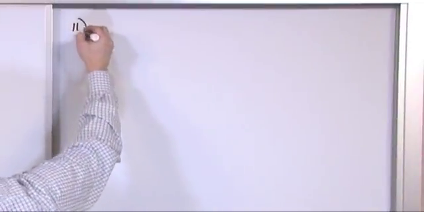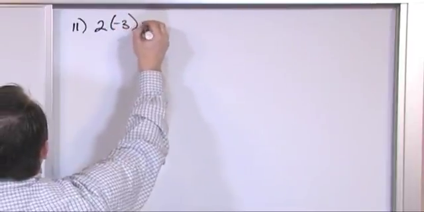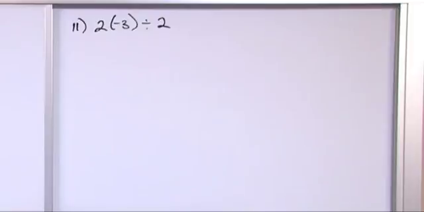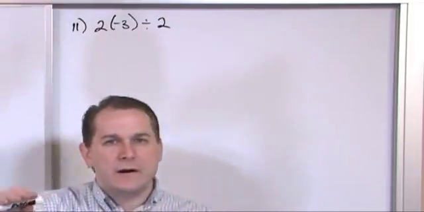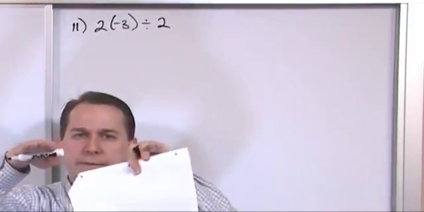So what if you had, next problem, 2 times -3 and then divide by 2. In this case, multiplication and division are on equal footing with one another. Addition and subtraction are also on equal footing with one another.